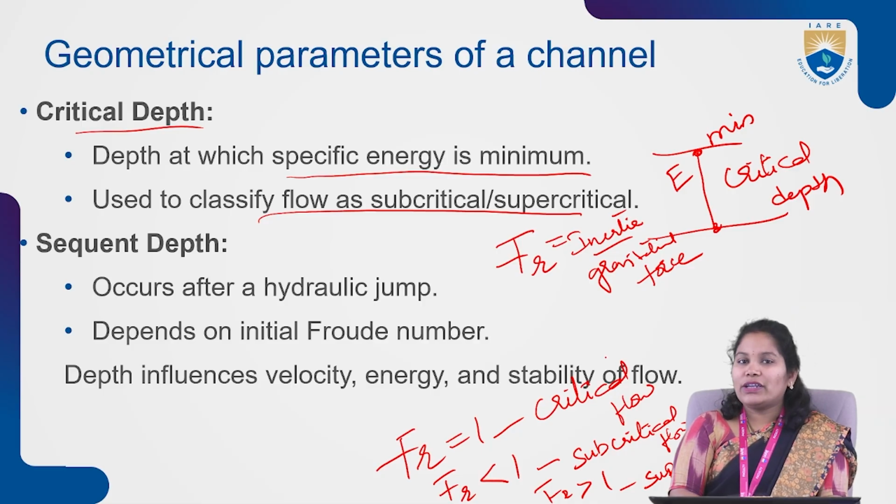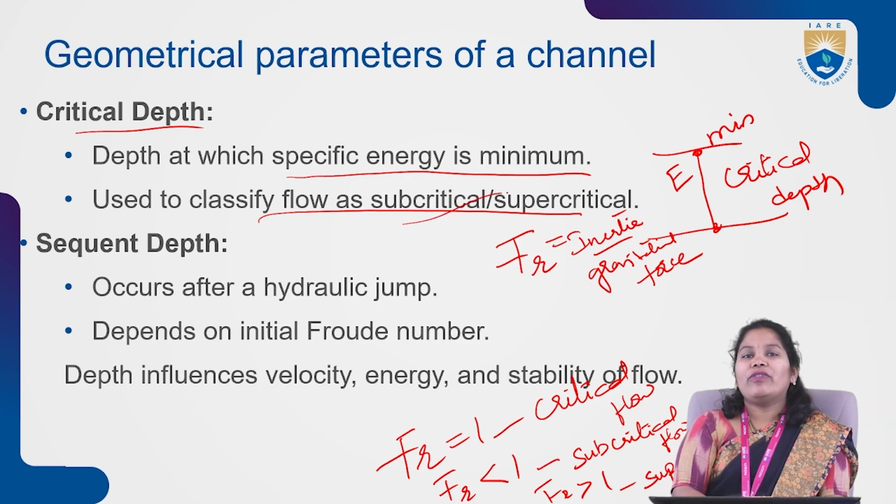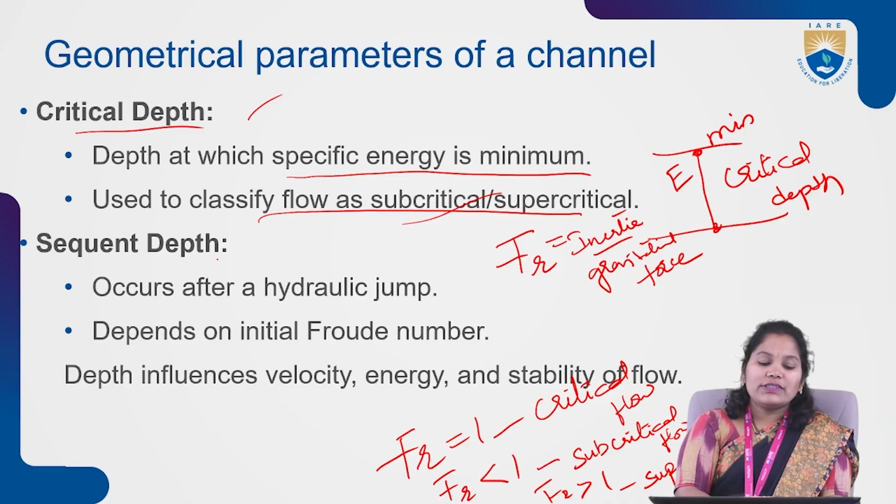If Froude number is equal to 1, it is critical; less than 1, subcritical; greater than 1, supercritical.